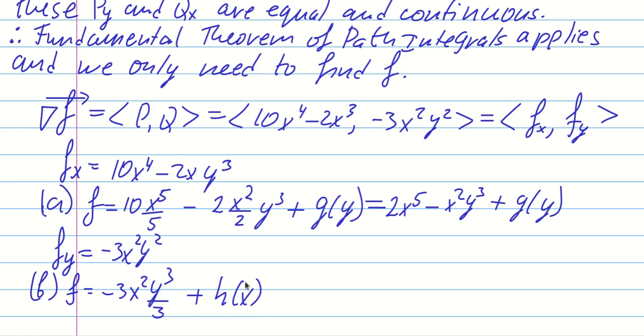It's like a constant, because if we take the derivative with respect to y of this h, we're going to get 0. So we simplify it, and we get negative x squared y cubed plus some h of x.